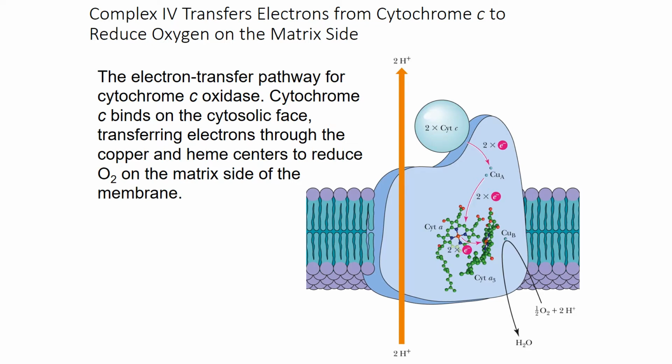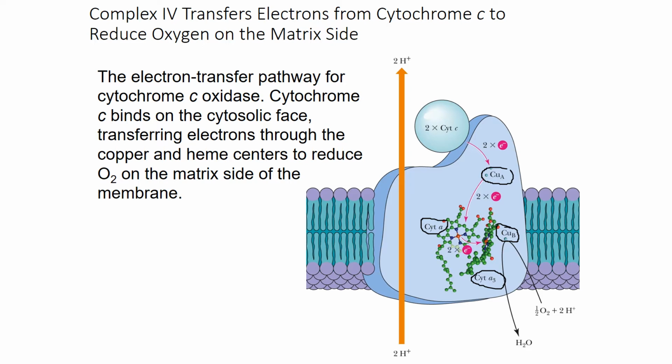In this particular membrane-embedded enzyme protein, we finally see our copper ions. So we have 2 that participate in this process. We have also a couple other cytochromes. And remember, we have two electrons being transferred in this process from complex 3.